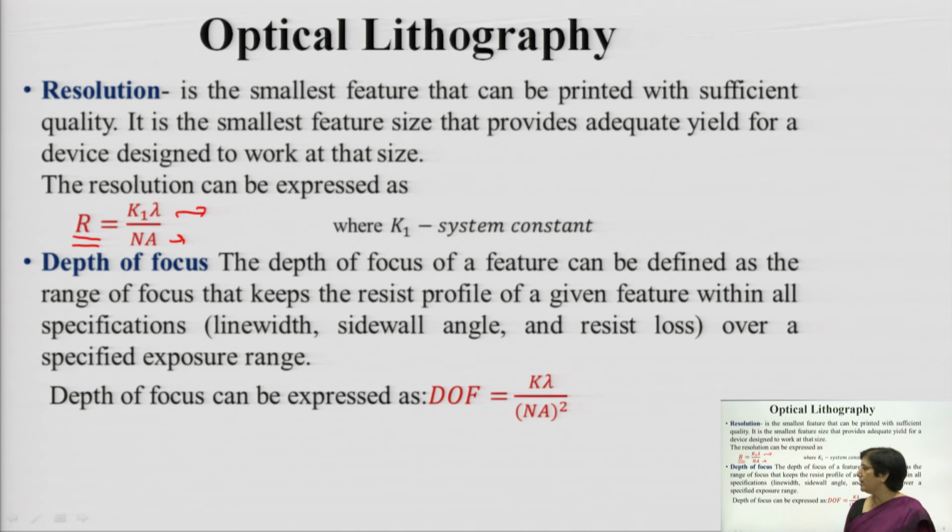It is calculated by the formula k lambda divided by NA square. So, k is again a system constant, lambda is the wavelength of the optical source, and NA is the numerical aperture, or the diffraction pattern collection which is forming the accurate, precise image formation, or the angle over which it is being formed.